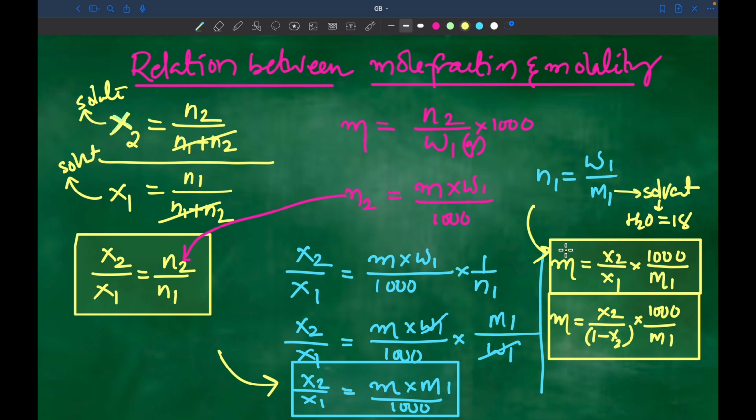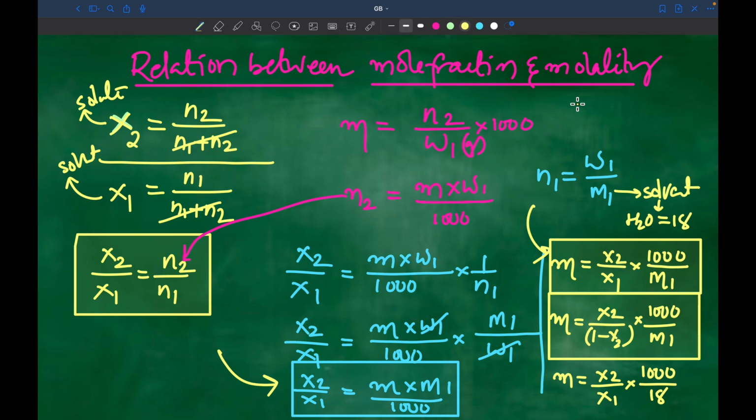So we can also simplify this further. For aqueous solutions, molality equals x2 by x1 into 1000 by 18. So what is the meaning here?